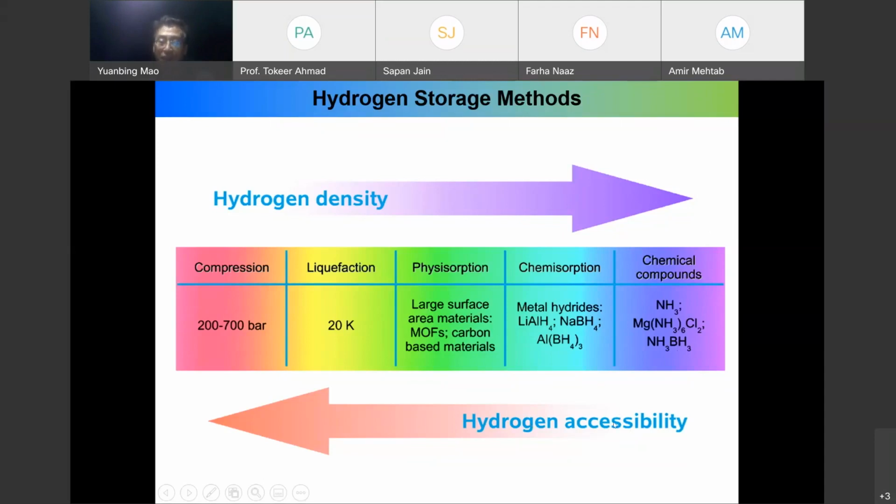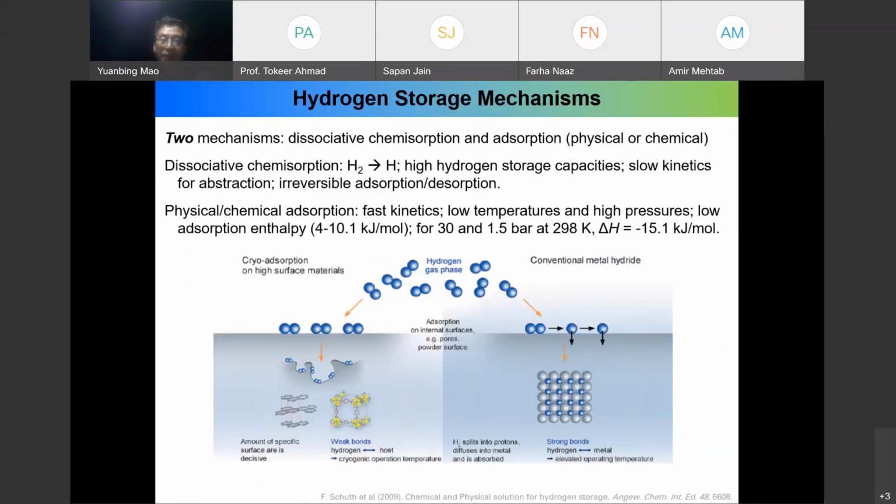So hydrogen accessibility goes this way, becoming easier and easier. With compressed hydrogen, we can just release it quickly, right? And it's accessible. So these are two opposite ways. And then in terms of the hydrogen storage mechanisms, there are two mechanisms. One is called dissociative chemisorption, and the other one is adsorption.